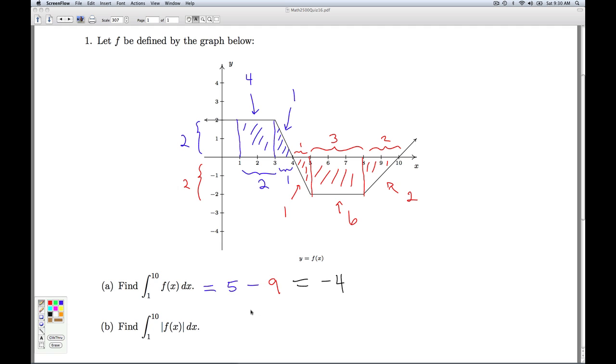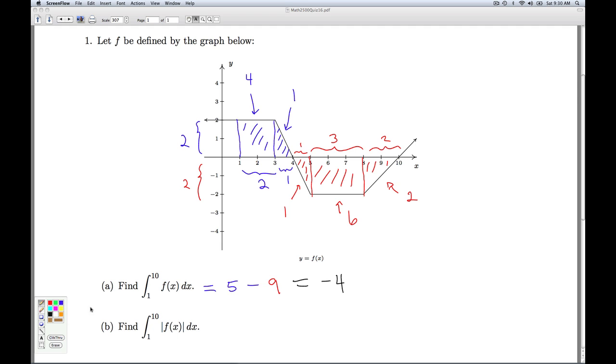Okay, now for part B, we can actually use our work from part A. If I integrate from 1 to 10 the absolute value of the function, then that's giving me the total area between the curve y equals f of x and the x-axis. Remember what the absolute value does: if the number I plug into the absolute value is bigger than or equal to 0, then I get the same number back. But if it's negative, I get its opposite.